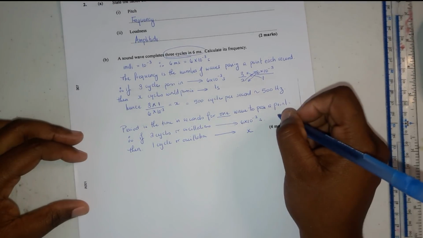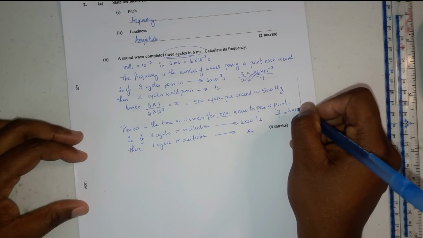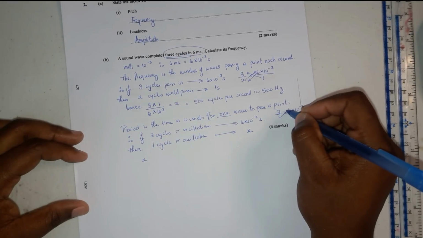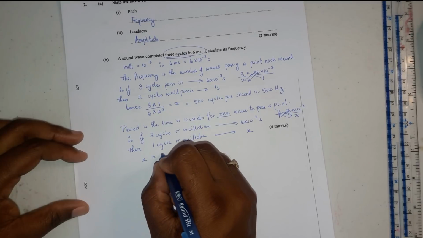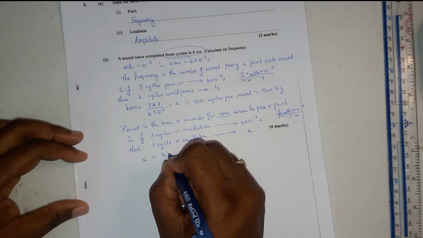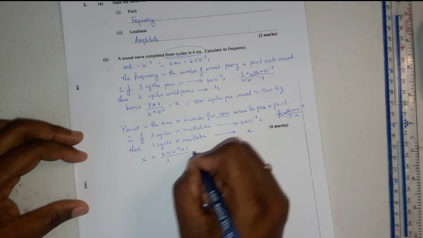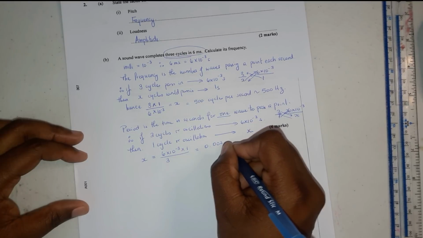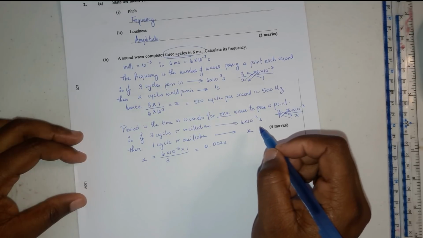And so if we write this out, 3 over 1 equal to 6 times 10 to the negative 3 over x. X will be equal to 6 times 10 to the negative 3 times 1 over 3. And that will give us 0.002 seconds.